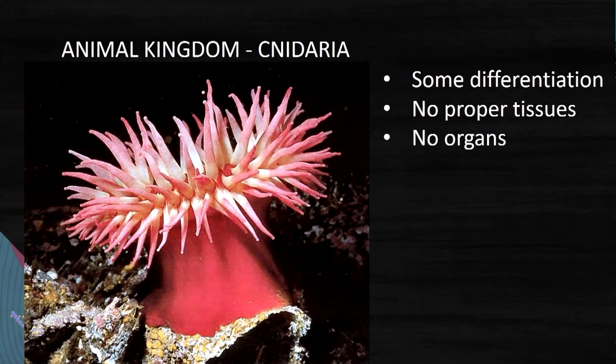The next group is a little bit more complex, and that's the phylum Cnidaria, where there is some differentiation. The cells are not all the same, but there aren't tissues. The cells don't work together, and therefore they can't have proper organs, because from your definition of organs, that's when different tissues work together to carry out a specific function.